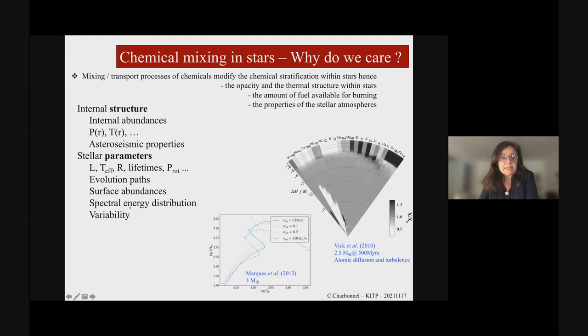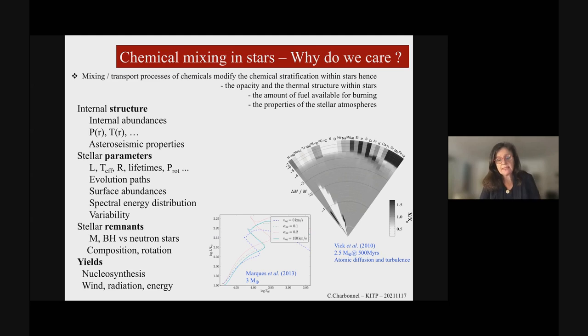That has consequences on the spectral energy distribution, which is important in some cases, and also on the variability of the stars. This has implications also on the size of the core, hence on the type of remnants, black hole versus neutron stars, the composition of the remnants, and their rotation also, as we will see in a moment.